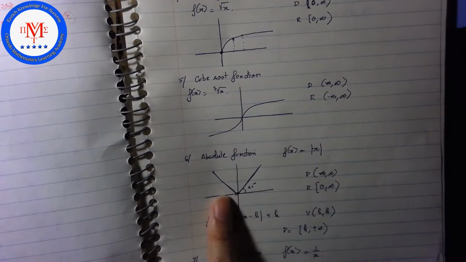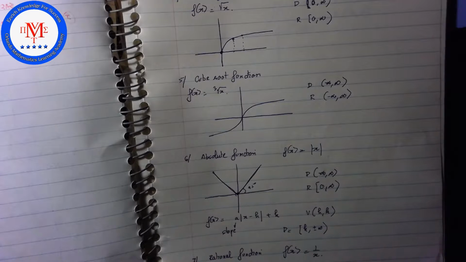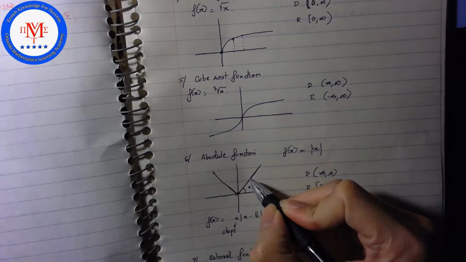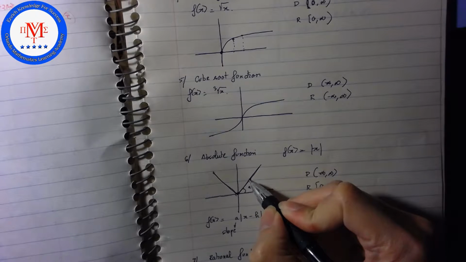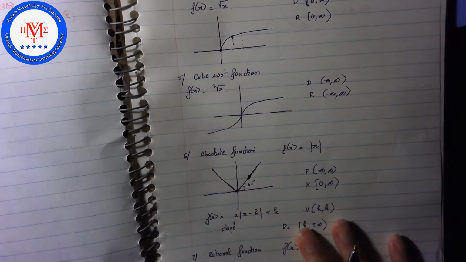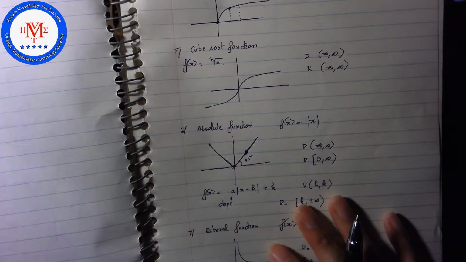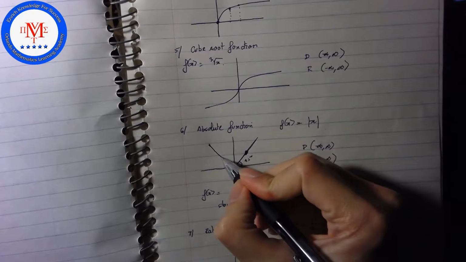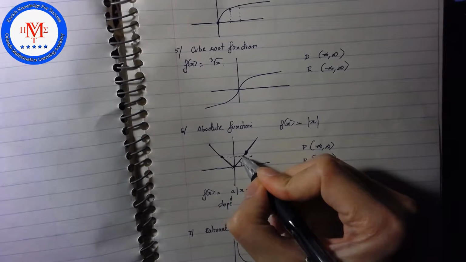When I say symmetric about the y-axis, it means that every point on the right branch of the function, when we mirror it about the y-axis, we have another point here. Okay, that's what it means by symmetry.